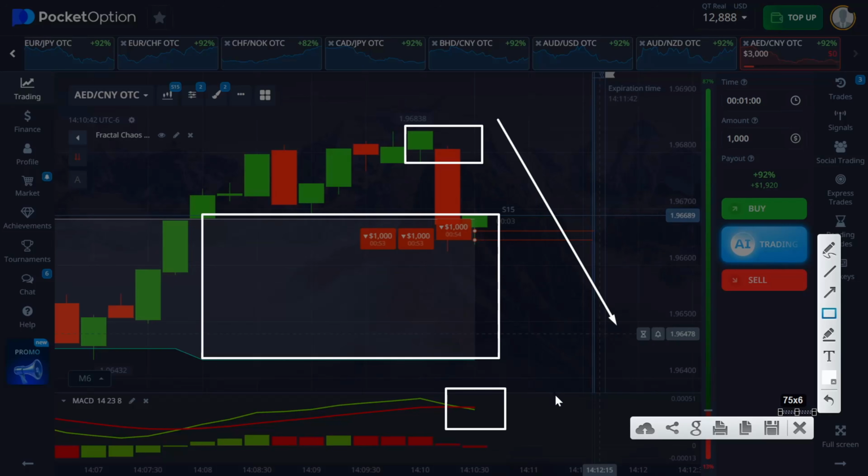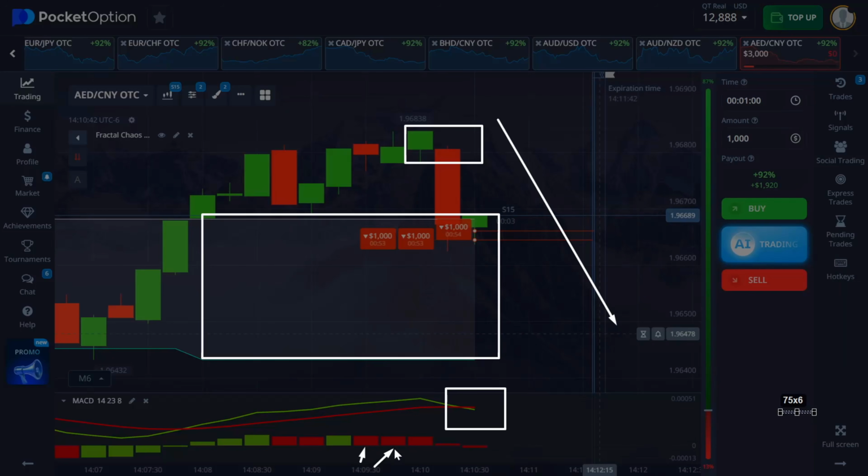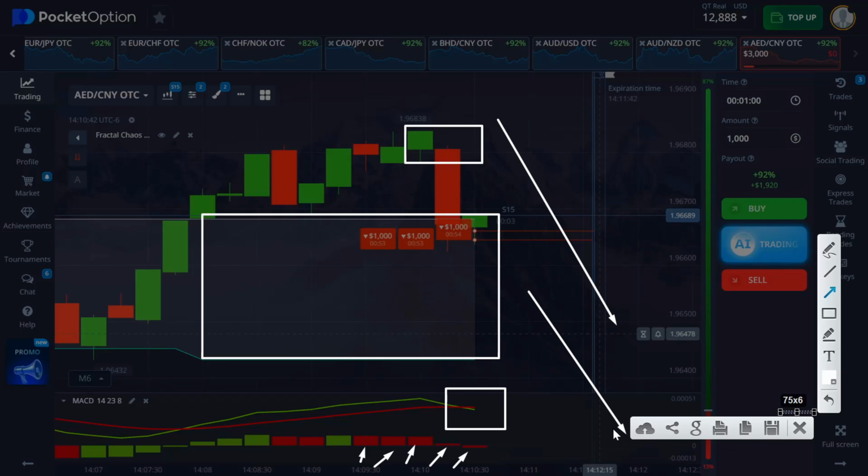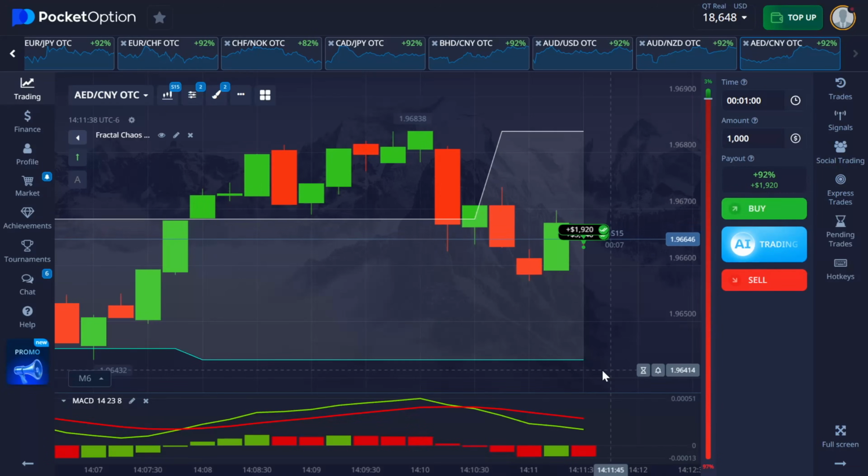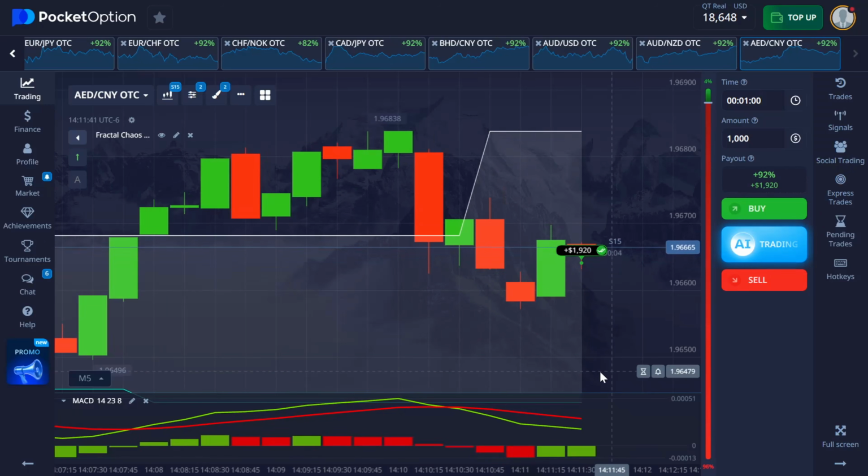See that? Now if you pay attention even closer at the bottom here, you see that there are multiple histogram signals telling us downward activity is active. And remember, MACD is so good at detecting momentums and directions in the market, and we add it with different confluences. One confluence is 2, 3. Okay guys, that was a winning trade basically while I was explaining.